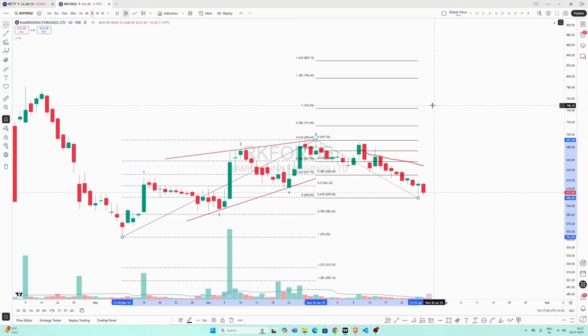This could be your first target 1, and 1.681 times could be your next target 2. You could liquidate or exit your 50% position here and continue to trail the rest of the position till this point. That depends on how you trade and what your position sizing and risk management rules are. So you can apply all those things here.